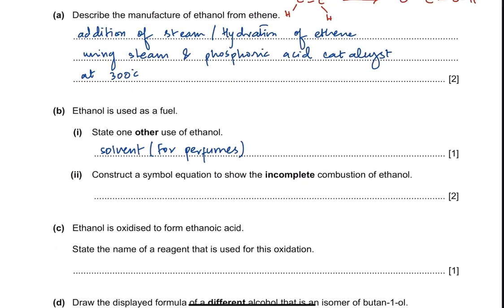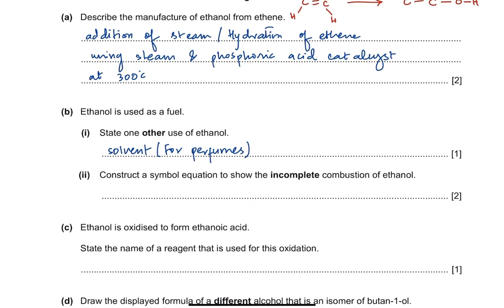Construct a simple equation to show the incomplete combustion of ethanol. So we have ethanol, C2H5OH. Incomplete combustion means oxygen is there but it's not enough, and we end up making carbon monoxide or maybe carbon dioxide. How about we make carbon monoxide? 2 carbons, so 2 carbon monoxides.